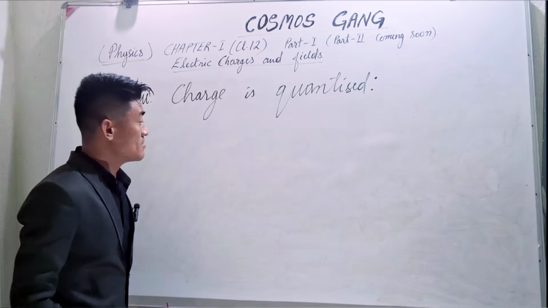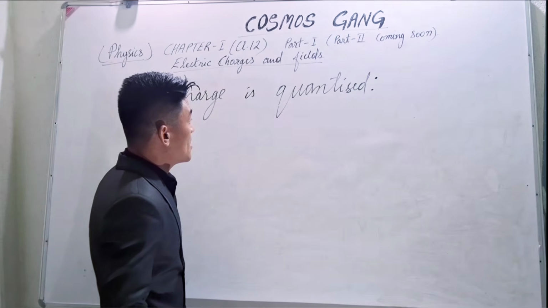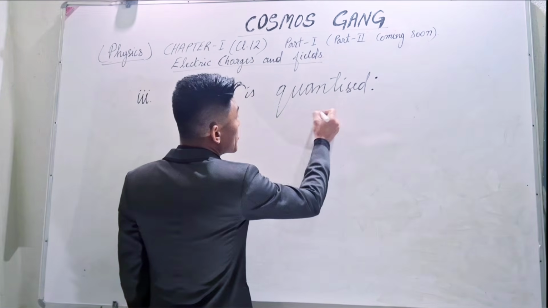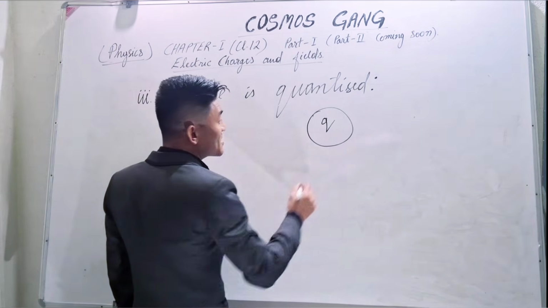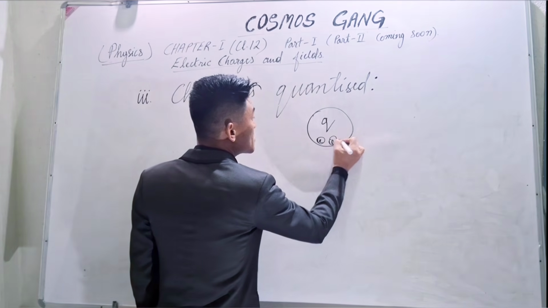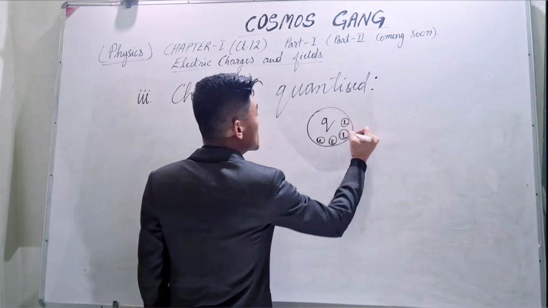In continuation, let's say we have a charge here, total charge Q. There are going to be electrons that build up this charge, which is its quanta.